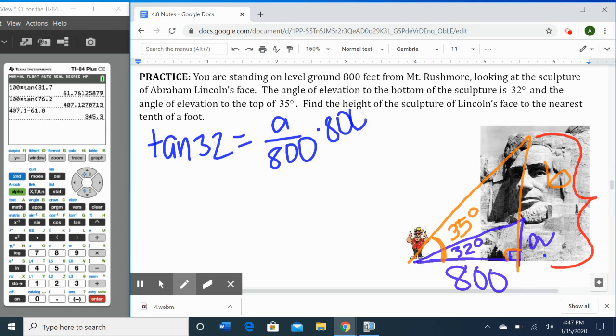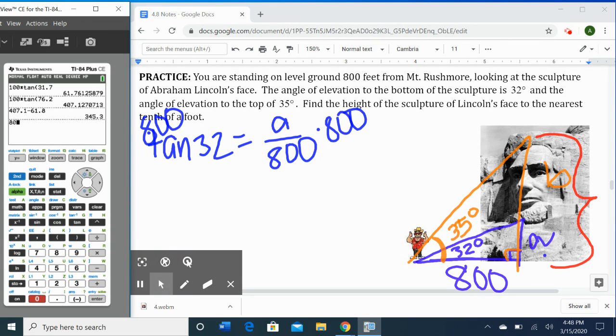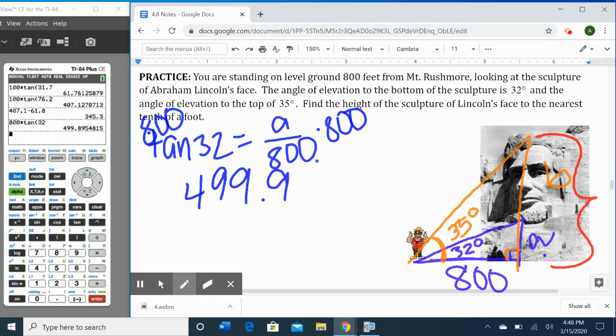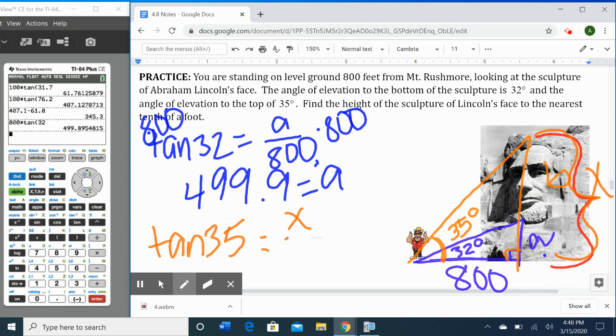So I'm going to multiply both sides by 800 and get that 800 times the tangent of 32 is equal to, nearest tenth of a foot, so I'll call it 499.9 is equal to A. And then to find this entire distance, I set up that tangent of 35 is equal to this whole thing, so I'll call it X again, over 800.